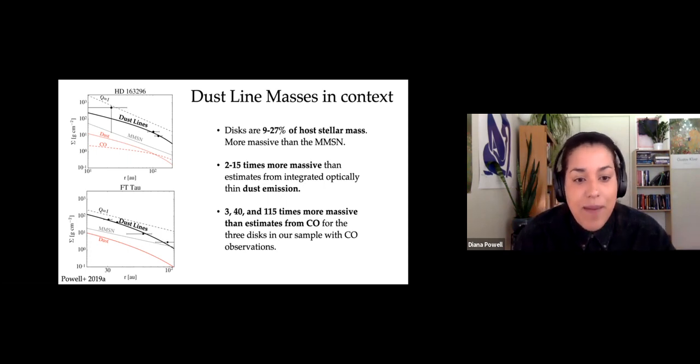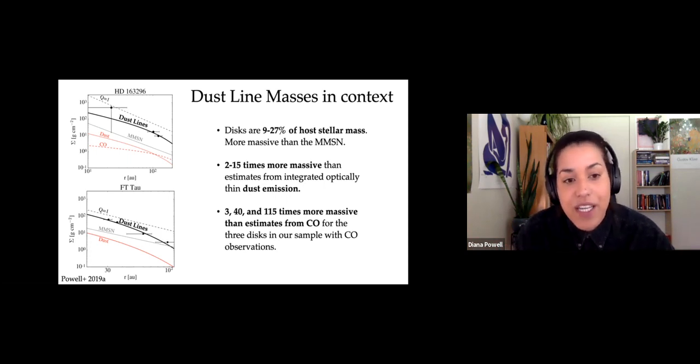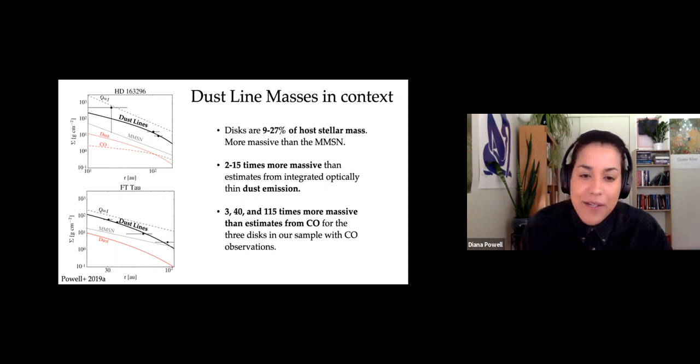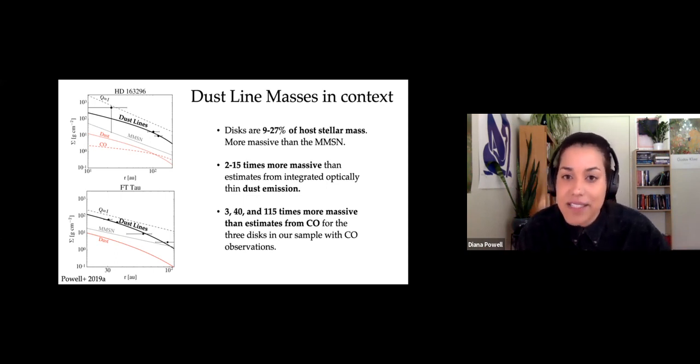And then for the 3 disks in our sample with resolved CO emission, our estimates are 3, 40, and 115 times more massive than previously published, indicating that CO depletion is not uniform across different disks. So these results indicate that dust is a more robust tracer of total mass because we uncover a reduced gas to dust ratio that is roughly consistent across our sample, while the CO to H2 ratio varies more strongly. And I'll come back to this later in the talk.